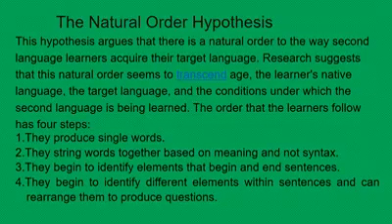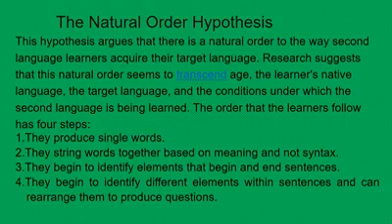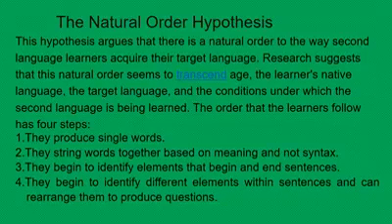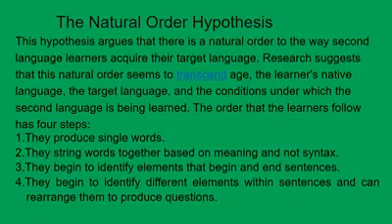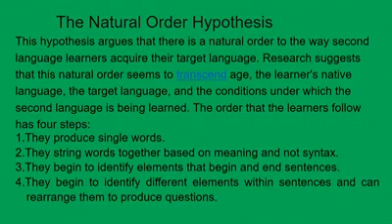The order that the learners follow has 4 steps. For 1, they produce single words. 2, they string words together based on meaning and not syntax. 3, they begin to identify elements that begin and end sentences. 4, they begin to identify different elements within sentences and can rearrange them to produce questions.